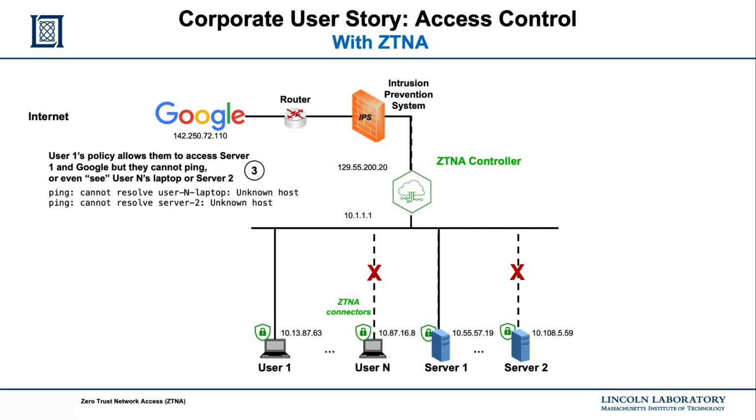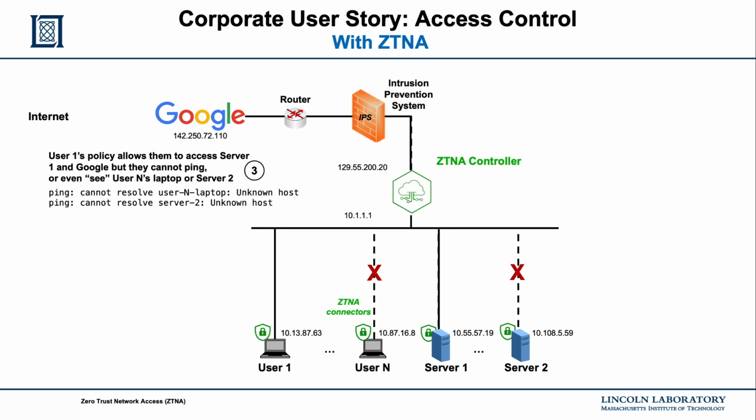And we can show that they don't have connectivity at all, because when they try to ping user N's computer, the controller says, I don't know who you're talking about. User N is there and they're active doing other things with other resources and other users on the network, but not with user one. And so user one really can't reach out and interact with user N or server two.